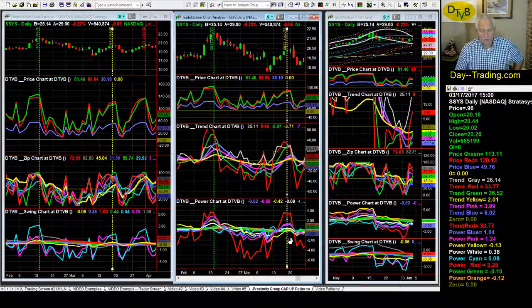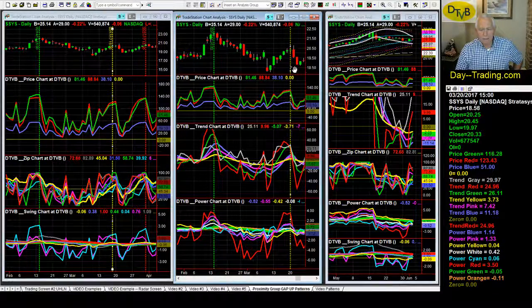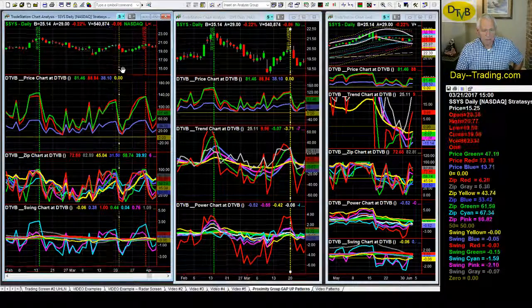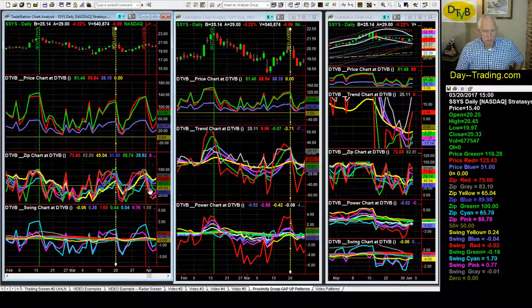So theoretically, we would give ourselves one more day as part of the uptrend, and it's on this day here that the uptrend would basically be defined as over in our calculation because of the power yellow no longer being lowest.